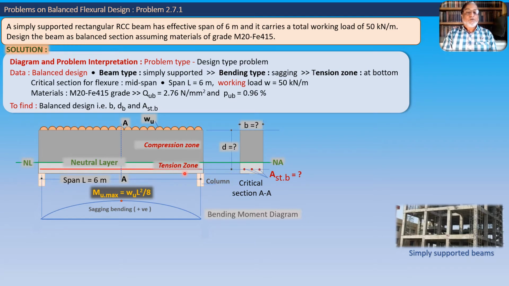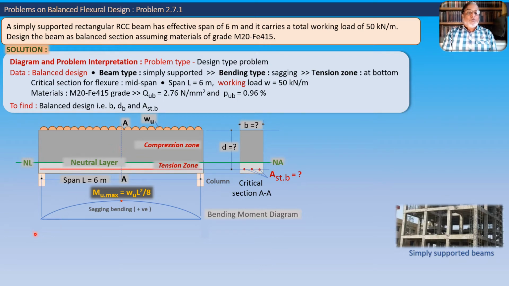The beam is divided in bending into two zones, compression zone and tension zone. When the beam is simply supported, the tension zone is at the bottom and the compression zone is at the top. The two zones are separated by a neutral layer. The same neutral layer gets intersected in the cross section and is called the neutral axis, NA.